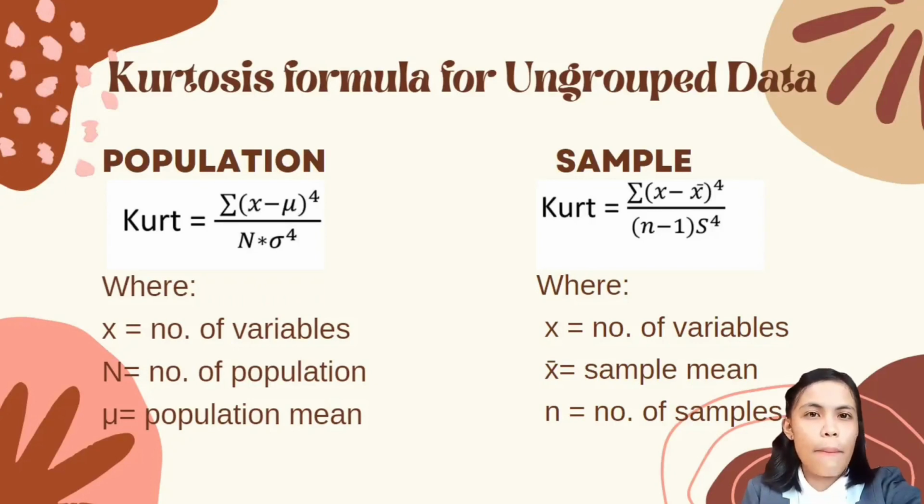Next is solving for a sample from data: summation of x minus sample mean raised to the power of 4, over n minus 1 times s raised to the power of 4, where x is the number of variables, next is the sample mean, and lastly n is the number of samples.